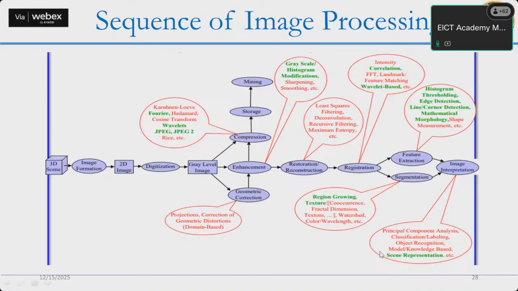Any other one? The difference between segmentation, definitely we will go over it.